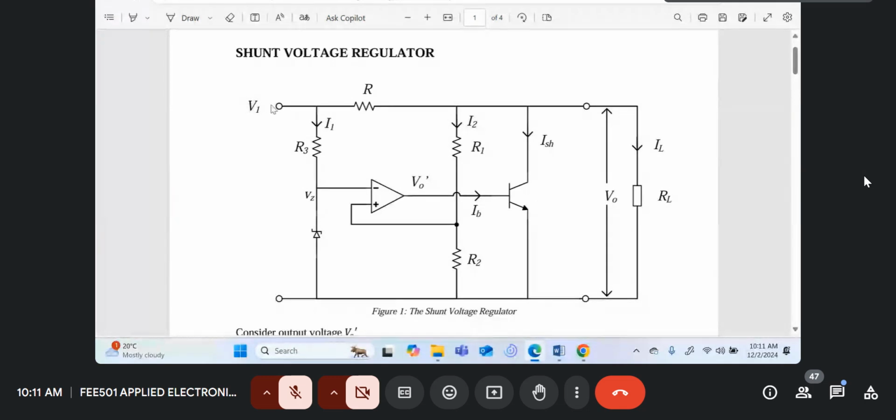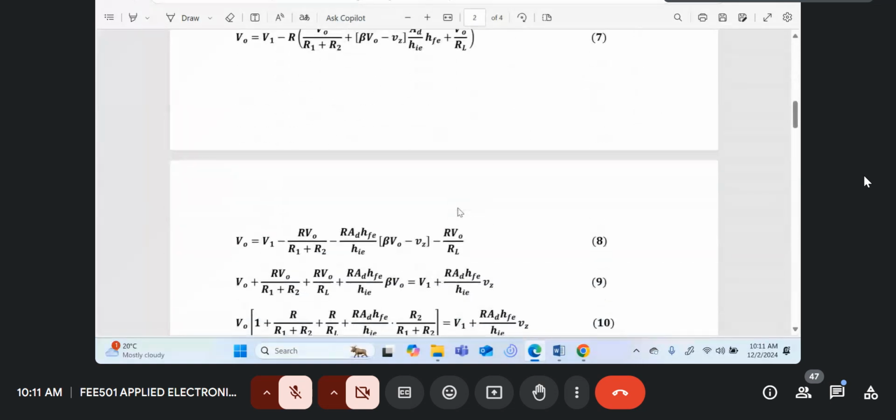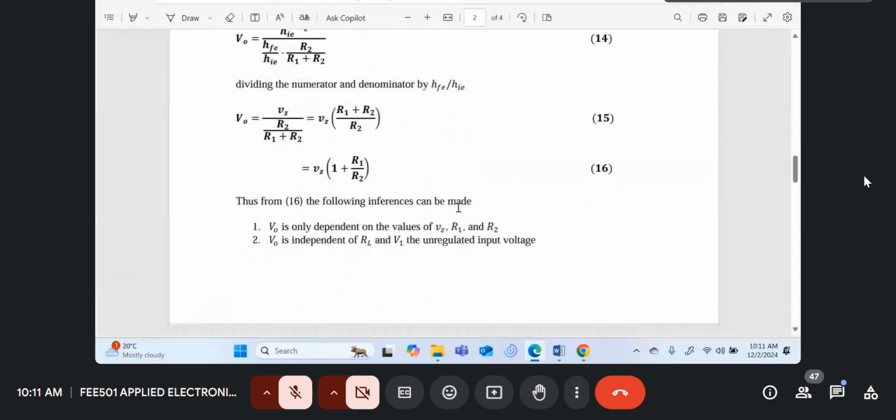Our unregulated input is V1. So we came to the conclusion with equation 16 that V naught is just Vz into bracket 1 plus R1 divided by R2. And from this result, the following inferences or deductions could be made.